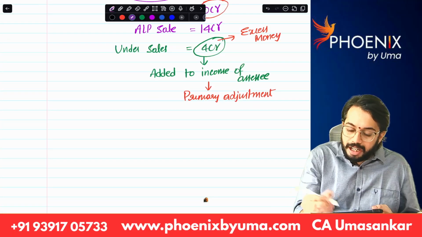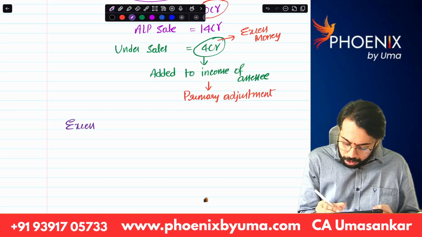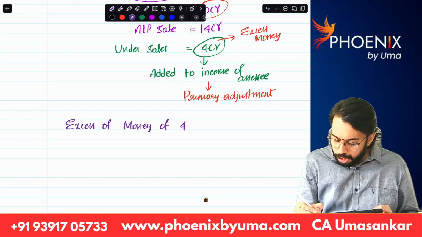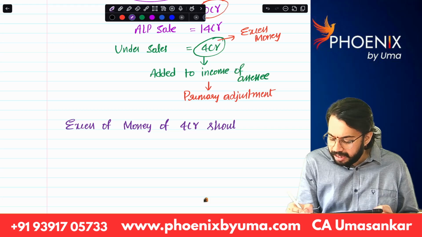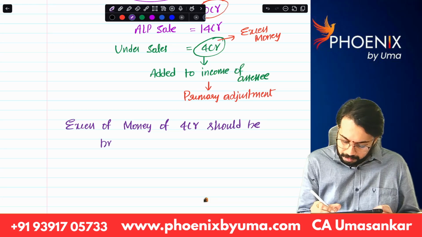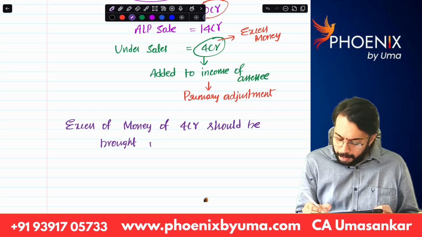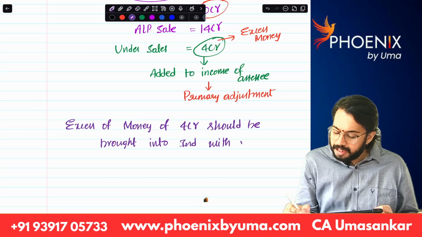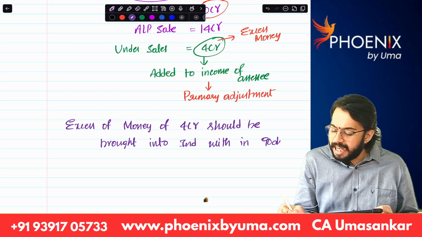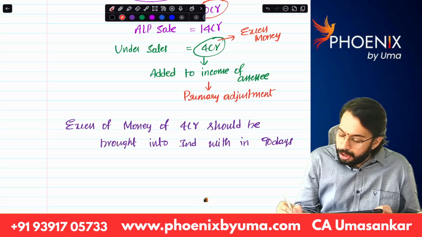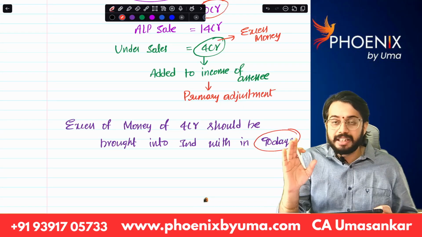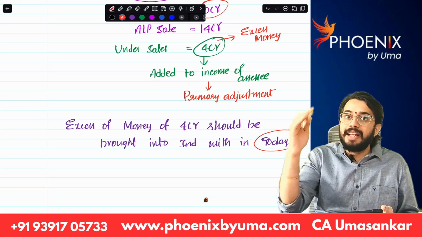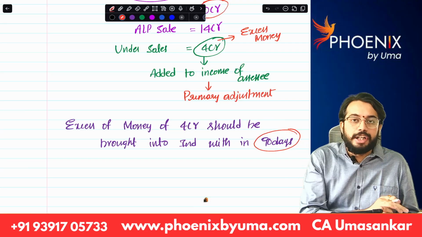Now, whatever excess money of 4 crores is there, that money should be brought to India within 90 days. Sir, from which date 90 days is calculated? That I am going to explain little later. But the thing is, 4 crores should be brought into India within 90 days. Whatever the excess money with Bob Limited, it should be brought into India.